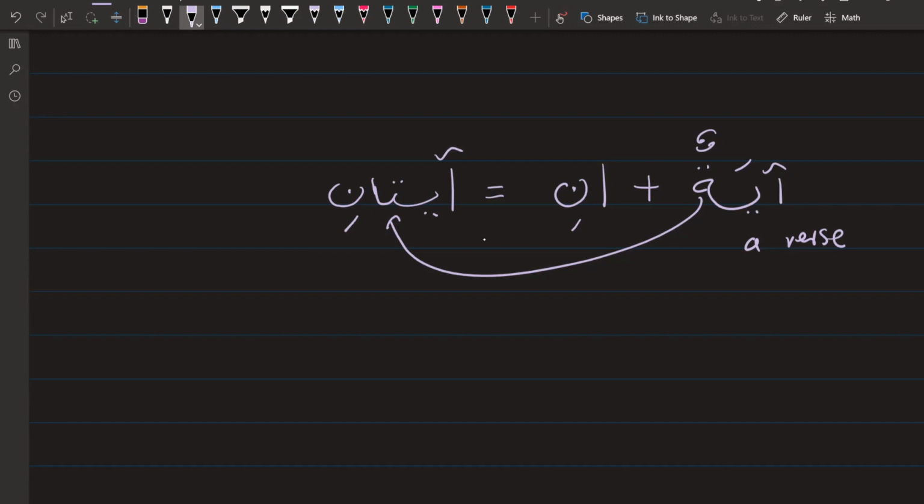What is the state of this word? It is marfu, yes. Remember we always been saying the dhamma state. I think this is the time that we start using either the English terms or the Arabic terms. So this word is in the nominative case, or marfu.